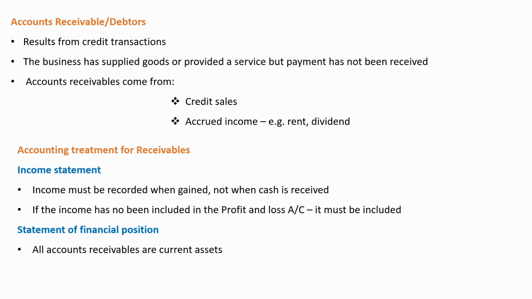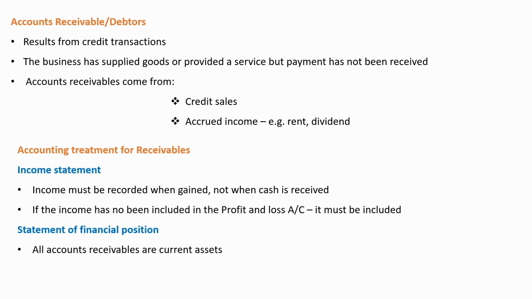Apart from sales, a business can also be having accrued income. For example, if the business has houses which they have invested and they receive rent from those houses, if they have not received rent for the previous month or the previous year, we call that rent accrued income.